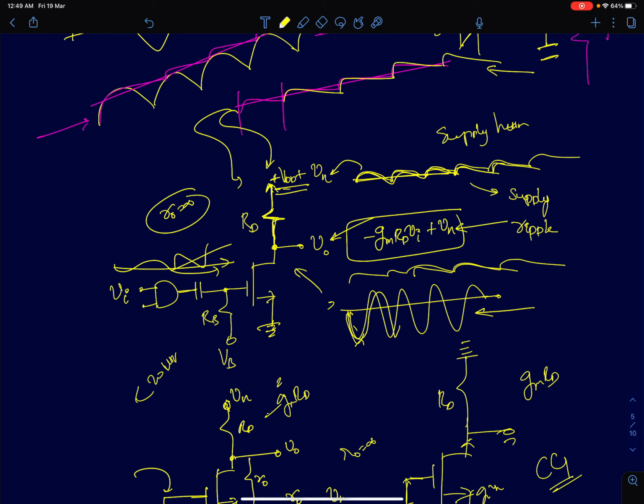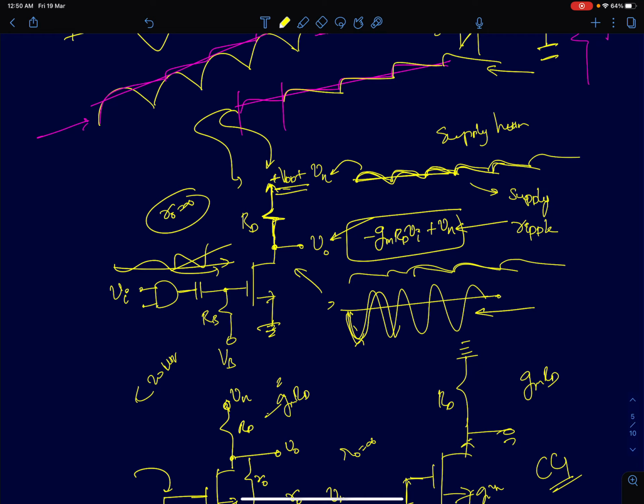Now the frequency of the supply noise, if you use a full wave rectifier to derive the DC voltage, will be around 100 Hz. So that's 100 or 120 Hz. Now this frequency falls within the audible range. So therefore you can actually hear this noise as a humming noise. This is called the supply hum.